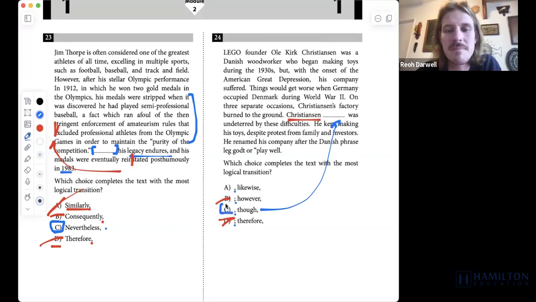When we have transitions embedded in a clause, we use a pair of commas. Likewise is the wrong category here because it would suggest that in the same way that his factory burned to the ground, he was undeterred, right? That doesn't make sense, right? We want to pivot and say, even though his factory burned to the ground, he was undeterred. So that's how we get to C for question 24.